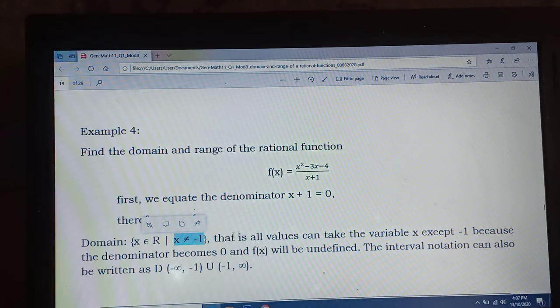So ulitin natin, x can take all values except negative 1 because the denominator becomes 0 and f of x will be undefined. And the interval notation can also be written as the domain is from negative infinity to negative 1, union negative 1 to positive infinity. Take note that negative 1 is not included in the solution set.